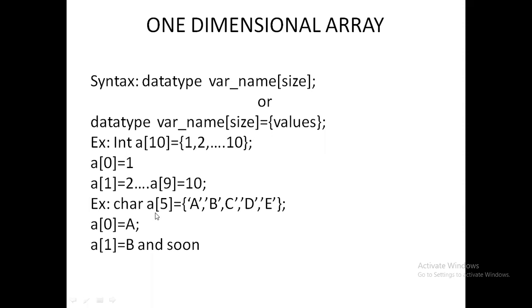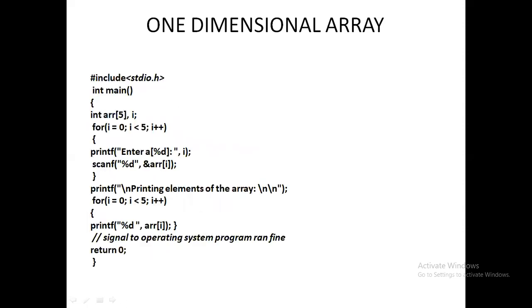In the same way for a character array, char a of 5, if I want to initialize in one go, I will write A, B, C, D in braces. If I want to initialize one by one, I will use the index, that is a of 0 is equal to A, a of 1 is equal to B, something like that.